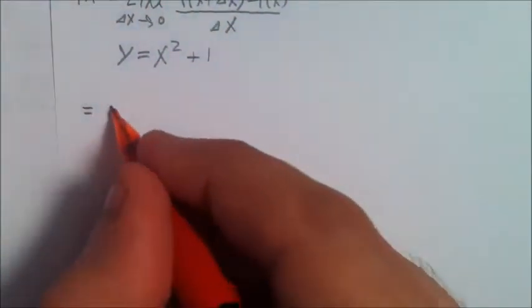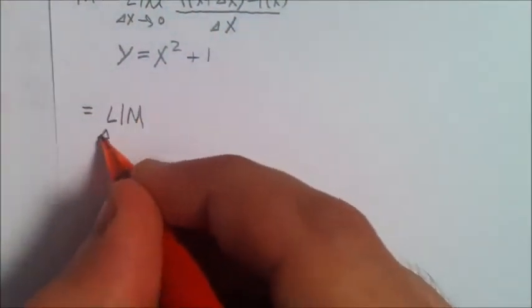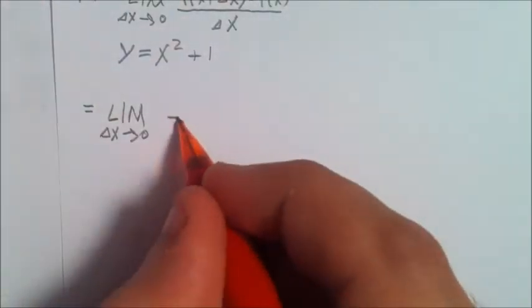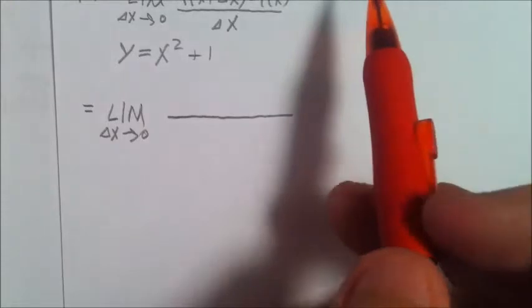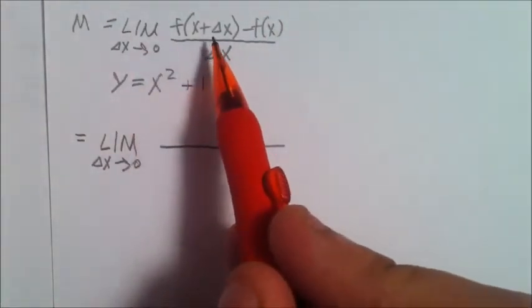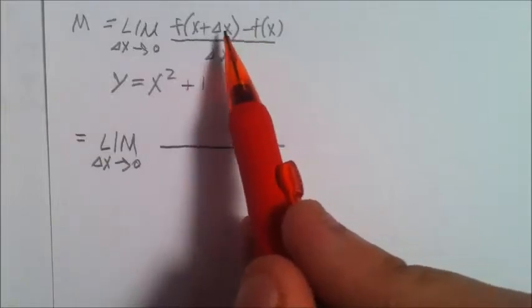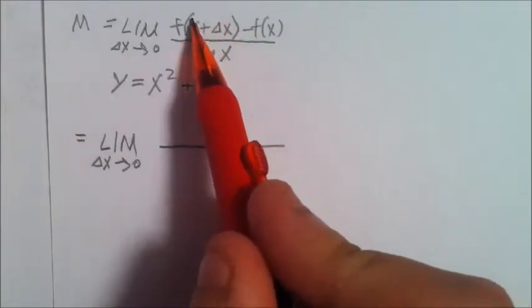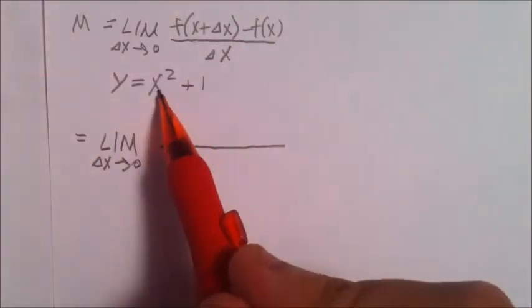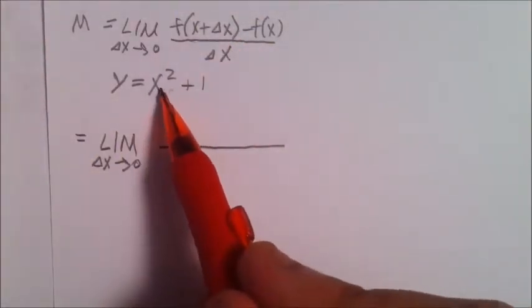So to do that, I am going to have to synthesize the difference quotient with my equation. And I do that by writing down my limit sign and going through all parts of the difference quotient. So as a crash course, what you do in a difference quotient is you pretty much replace whatever's in the parentheses here in this initial function, or just pretty much plug it into x.